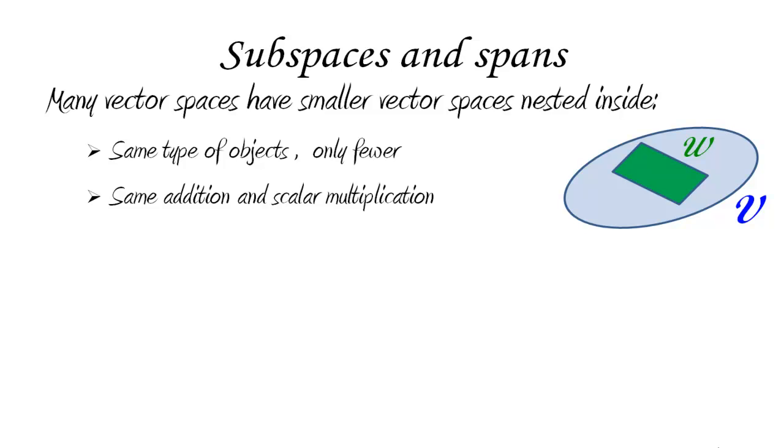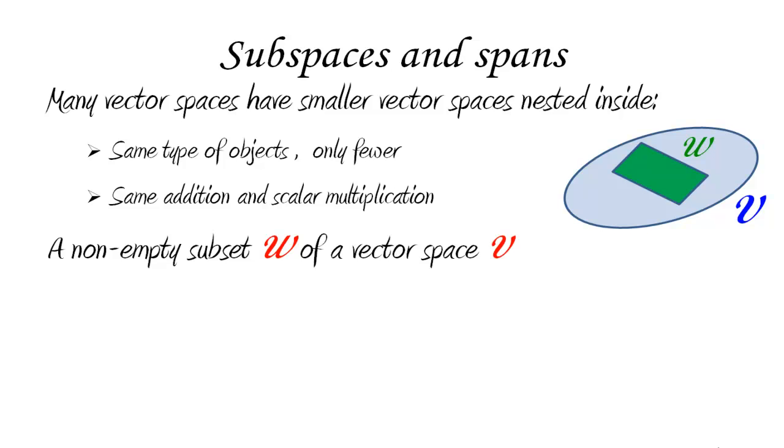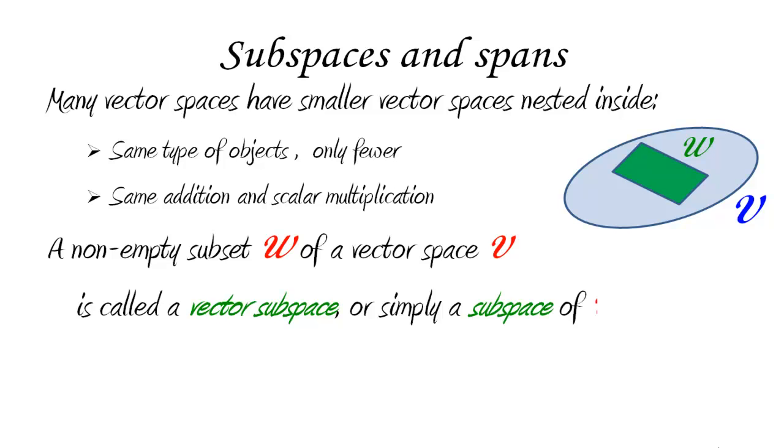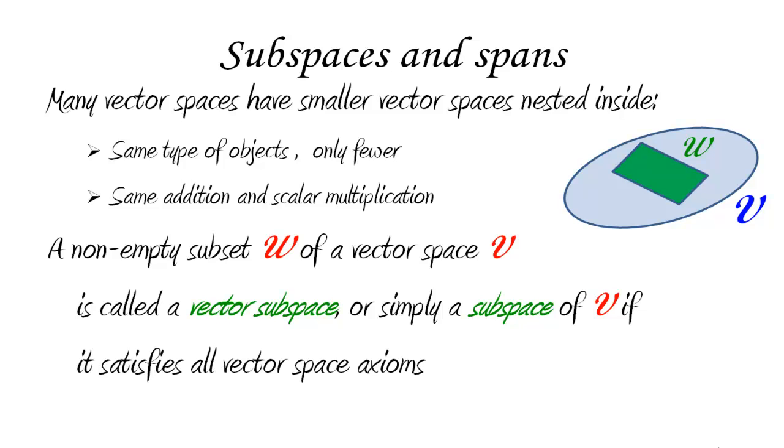Now, to make things a little bit more formal, because we're talking about abstract algebra here, we have to focus very much on what we're talking about, and it helps if we have some very precise definitions. So here is what we mean by a subspace. A non-empty subset W of a vector space V is called a vector subspace, or just a subspace of V, if that subset satisfies all vector space axioms, but using the same operations as the big space.